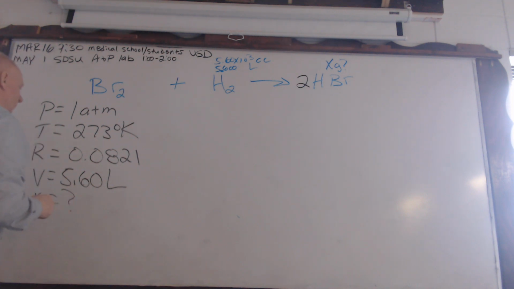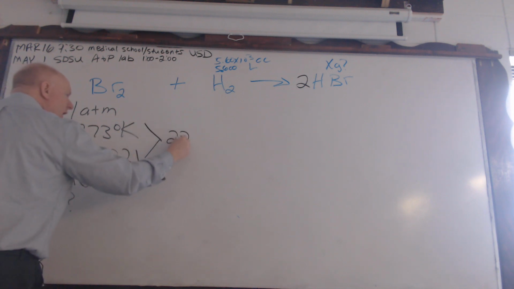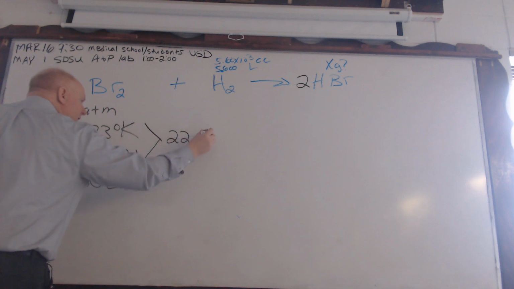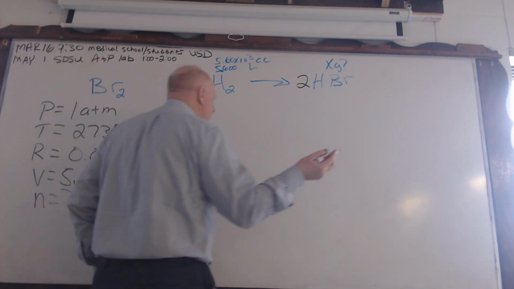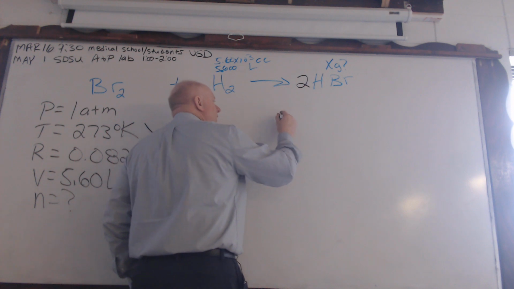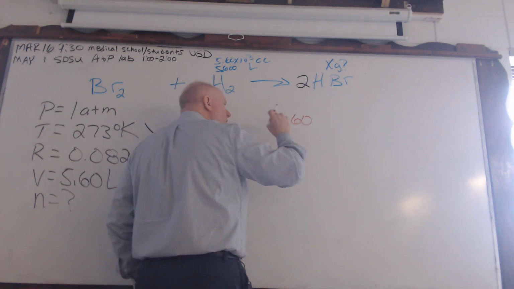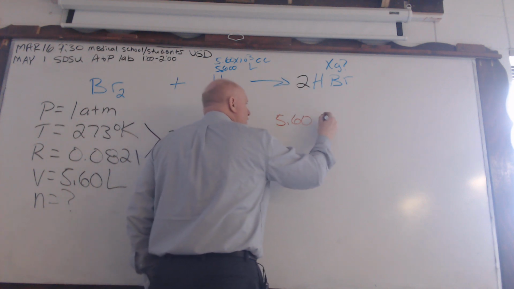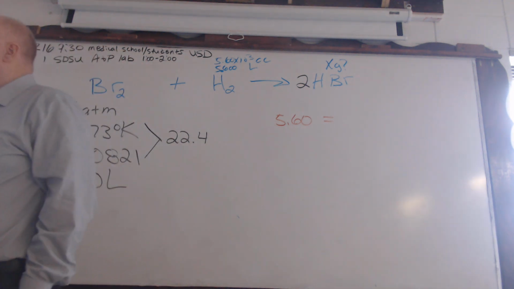Some of you, I've noticed on your papers, are getting ahead of yourselves and saying that. That's fine. You're putting those two together and saying that's 22.4. But if we're looking at this as an equation, that means we've got 5.60. Our pressure is over here, but do we need to account for that mathematically? No. Why not?